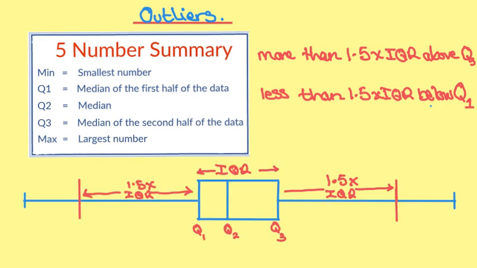There is my box plot with the interquartile range clearly shown between Q1 and Q3, the maximum at one end and the minimum at the other. I've also marked on 1.5 times the interquartile range above Q3 and 1.5 times the interquartile range below Q1. So an outlier would be any value that falls into this region or into this region.